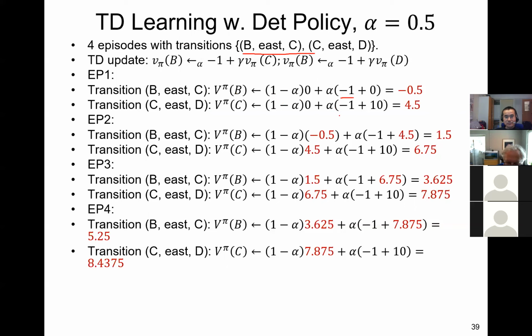And C to D, you get a reward of -1 and a value of 10. So episode 2, the same B, C, D, you plug in the old value of -0.5, and you get updated values 1.5, 6.75, and so on. So as you're running, you will keep updating the running average as your value function.